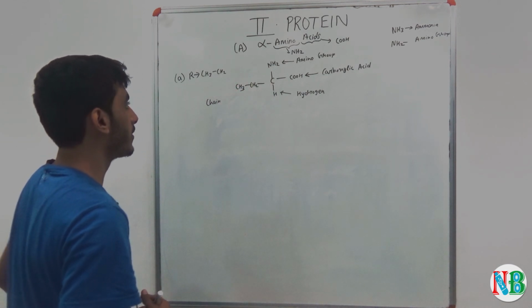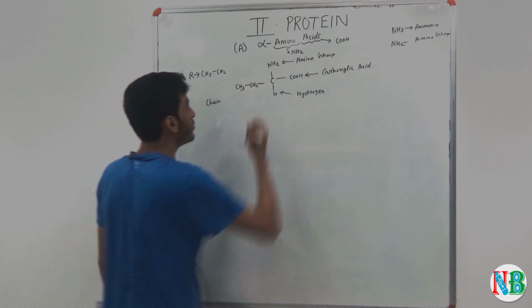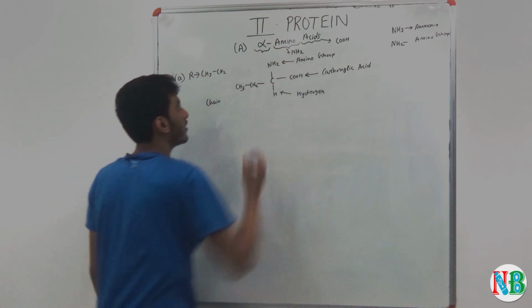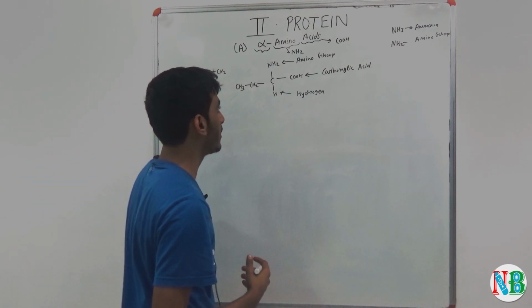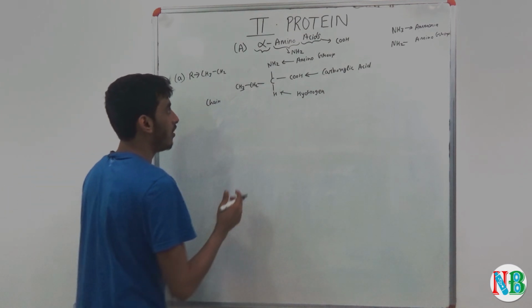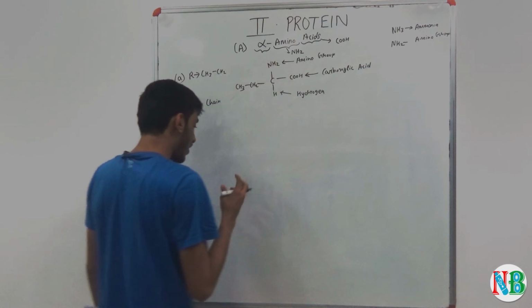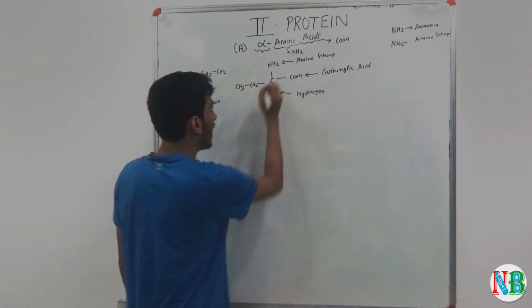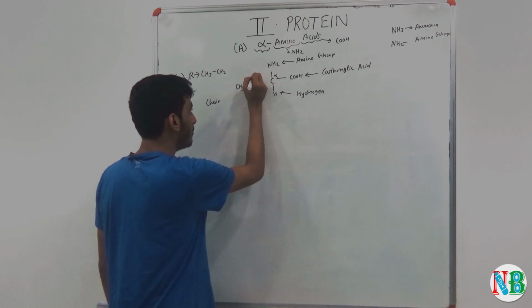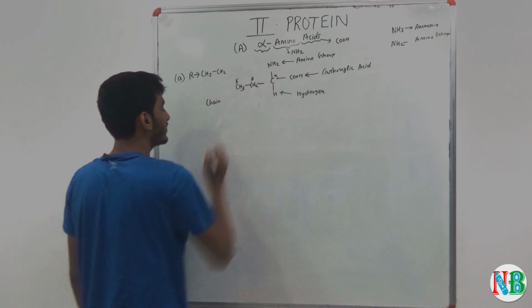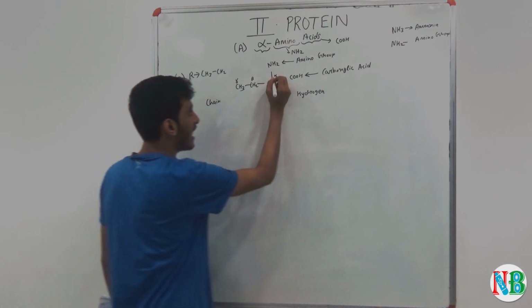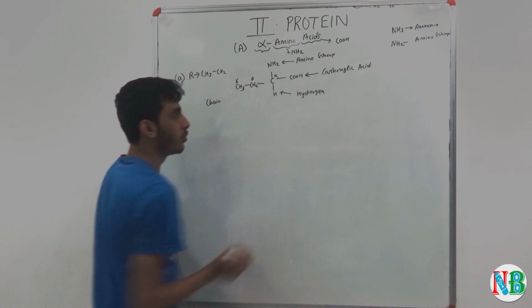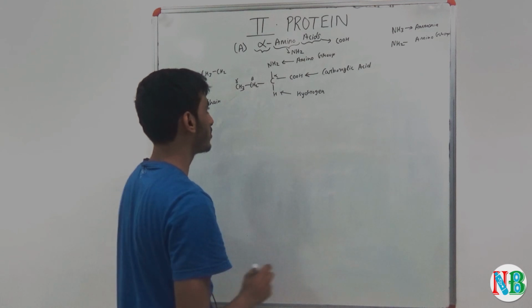Now you see one thing, that in the first term I used the term alpha, and we do remember one thing, that we also do the naming of a compound based on whether a group is on the alpha carbon, the beta carbon, the gamma carbon, and the other ones. The carbon attached to the COOH group is termed alpha.